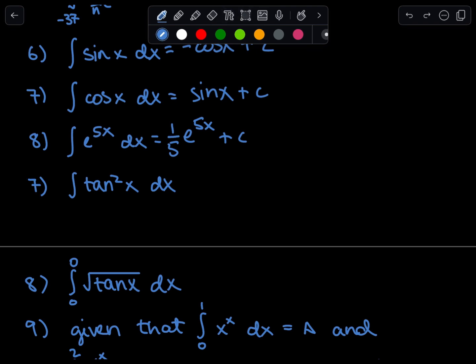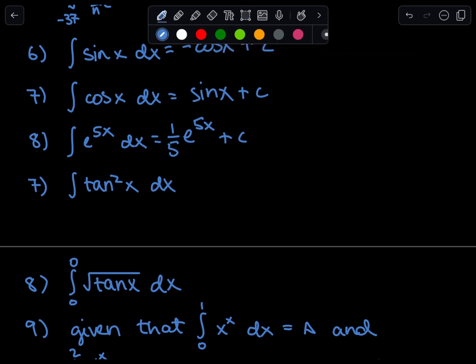We have the integral of tangent squared of x. Okay, so that's a little bit more tricky, right, since we don't know any functions which differentiate to f dashed of x being tangent squared of x, but we can use trigonometric identities to transform this.